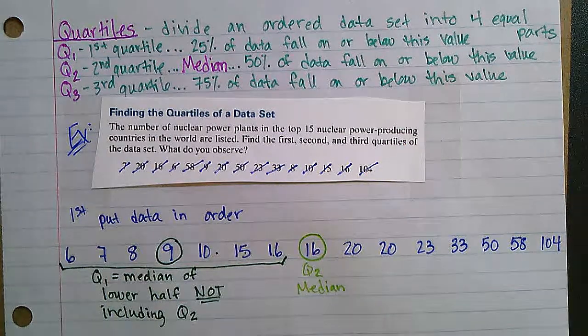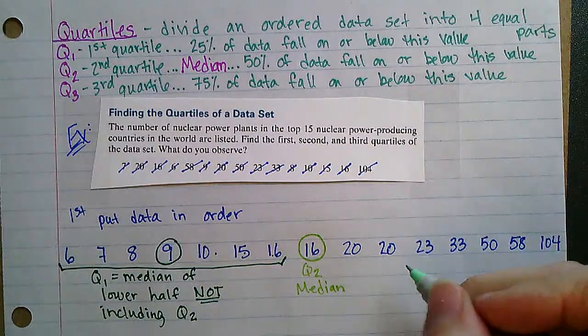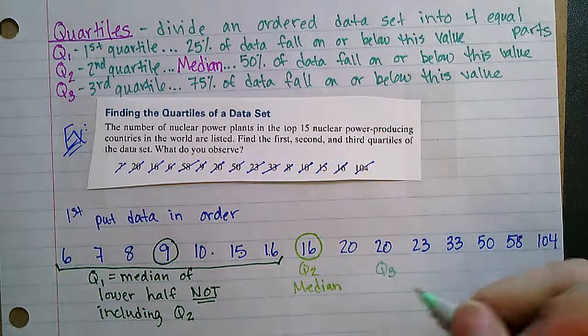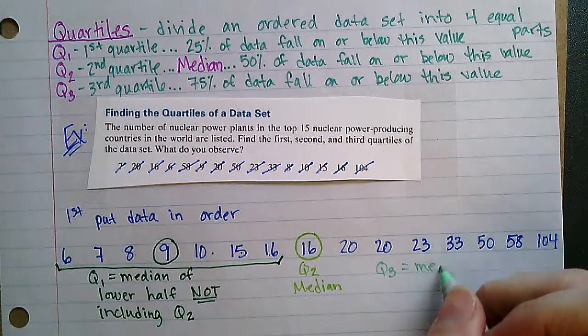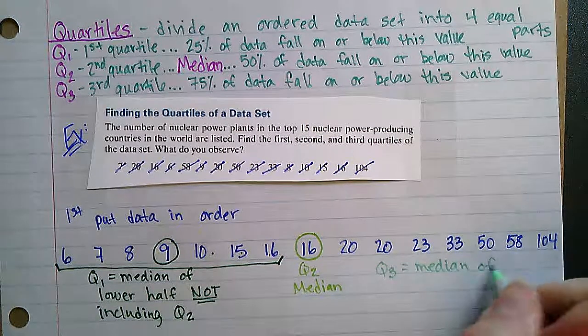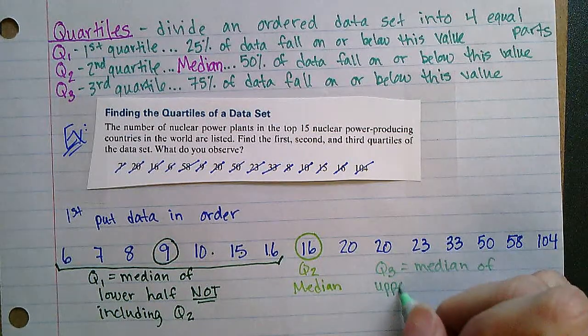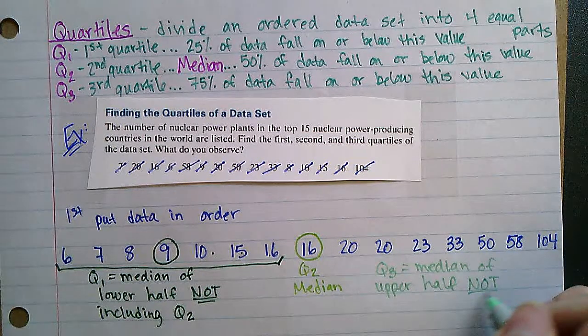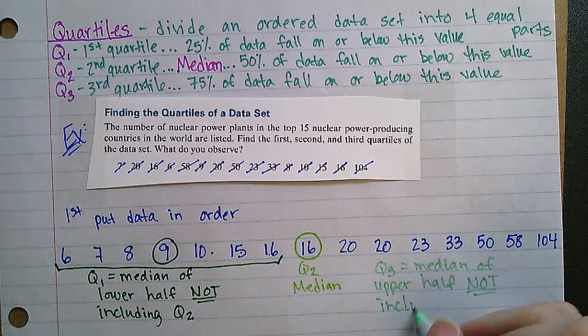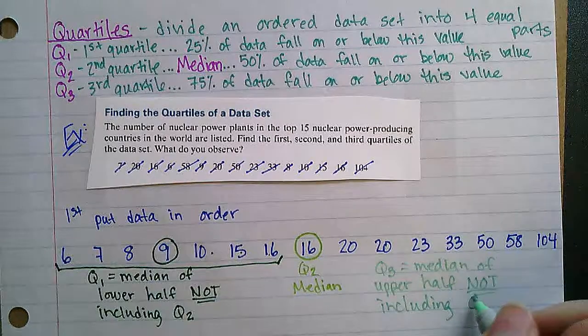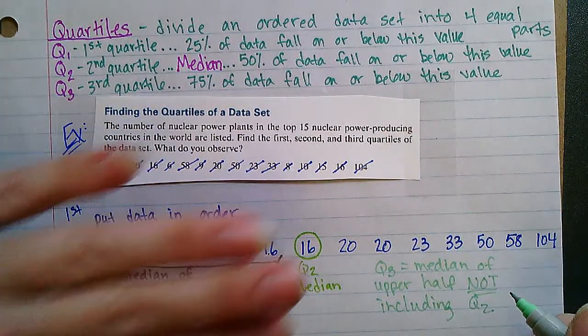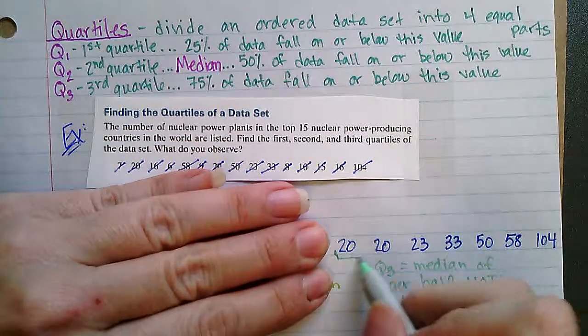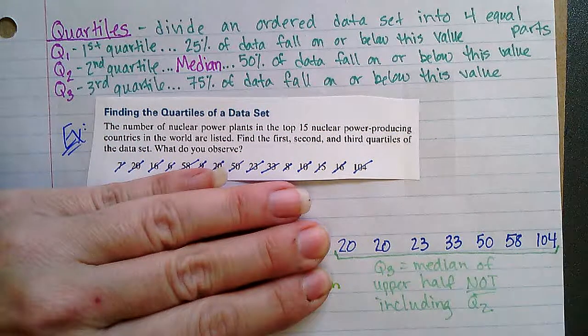Then to find Q3, Q3 is going to be the median of the upper half of the data. Again, not including Q2. So now we're going to ignore all of these numbers and find the median of just this half of the data.